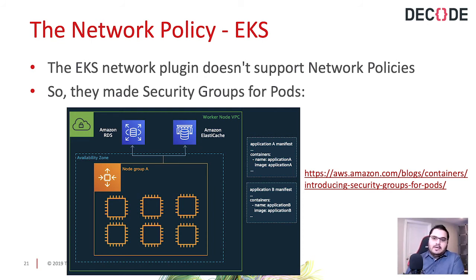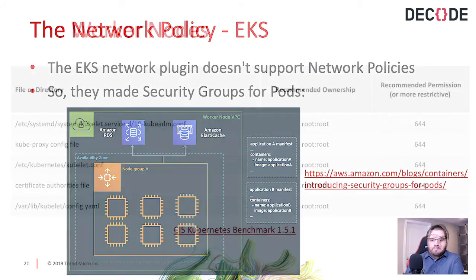One thing that AWS did is that they recently released security groups for pods. So you can use the common security group objects that you usually use for your EC2 instances for specific pods on your cluster. So it's kind of a network policy there.